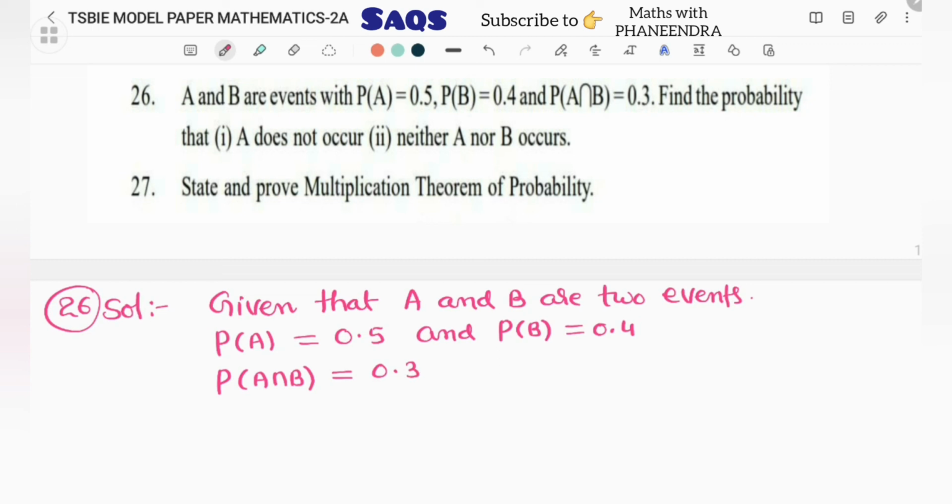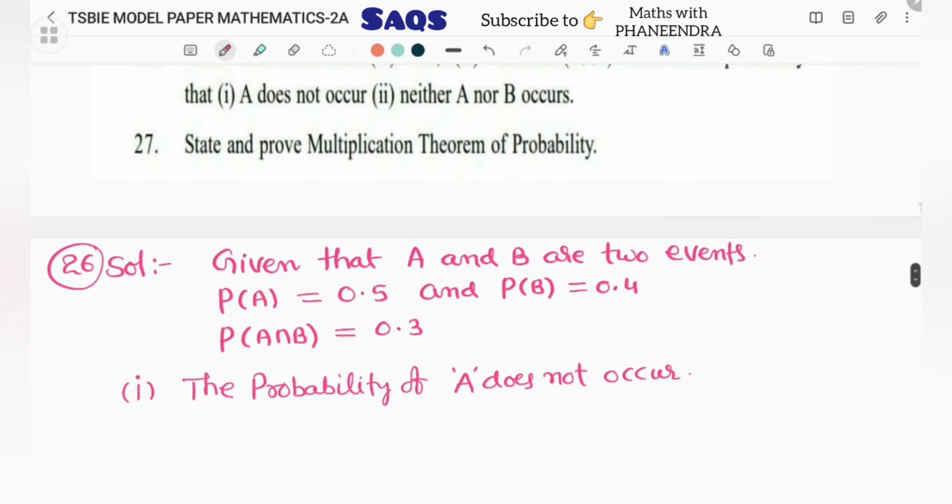Find the probability that the first question, A does not occur. The probability of A does not occur means probability of A complement, P of A complement or A bar also we can write.